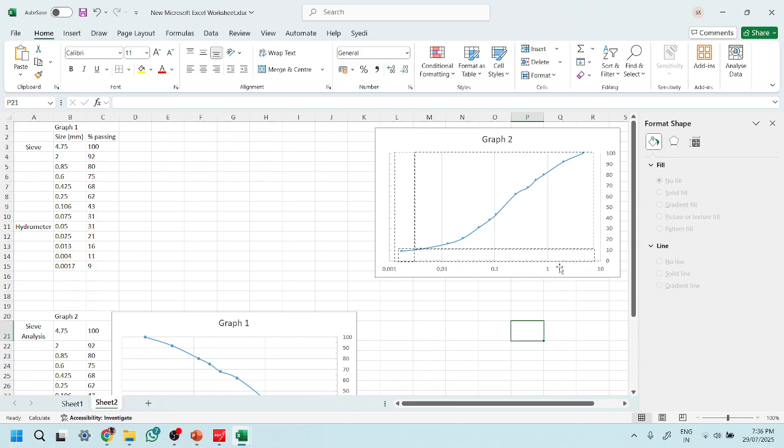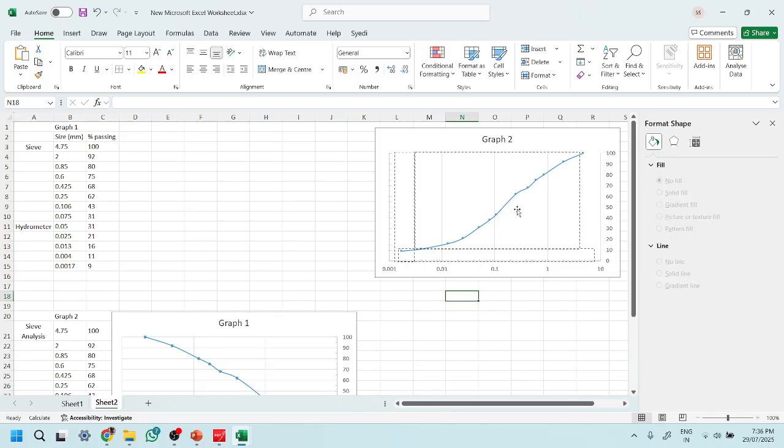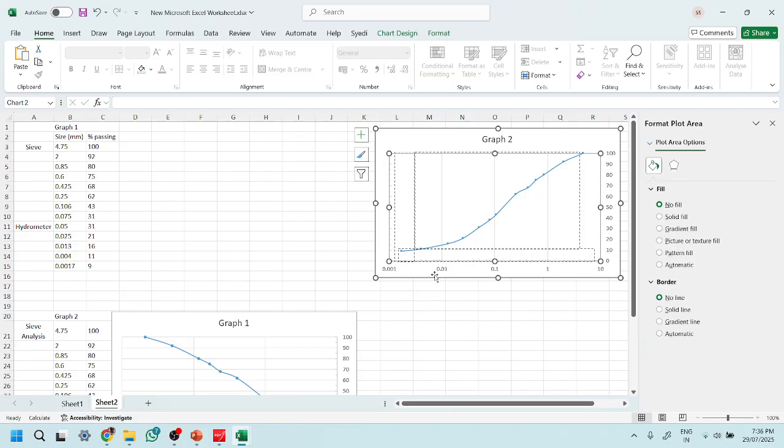This will be 4.75, 2.75. This will be all sand. Above this will be gravel, and this will be silt.